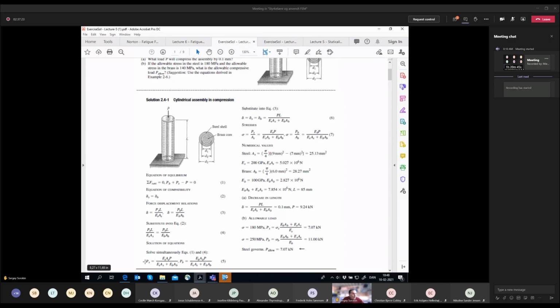So this is the total force in steel, and this is the total force in brass. And then as we go to the stresses, we just go to the intensity of the force, which is the stress in steel, sigma.